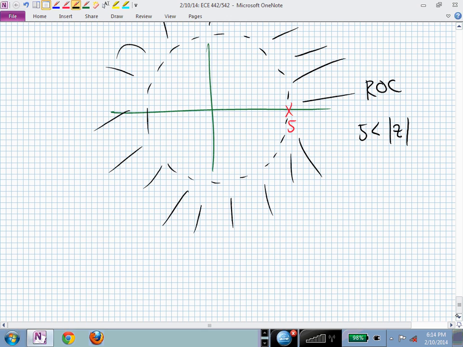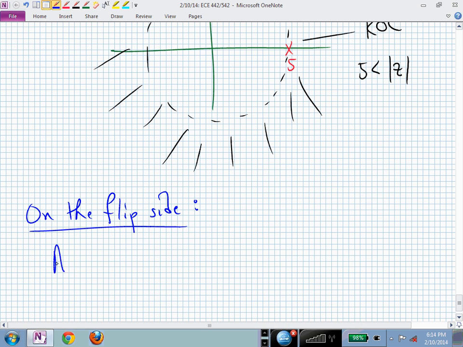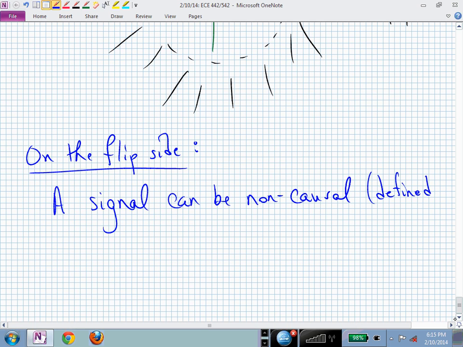And we could look at the flip side of that. By that, now I'm saying a signal can be non-causal, which means it's defined for negative time indices.